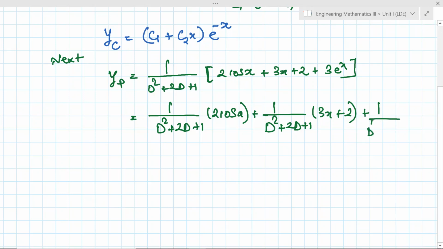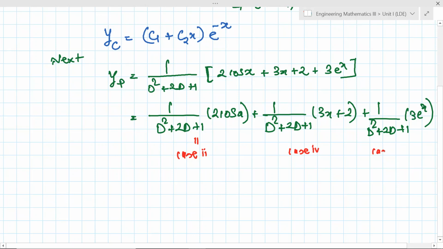Plus 1 upon D square plus 2D plus 1 into 3 e raised to x. For this we will use case number 2, for this case number 4, and for this case number 1.